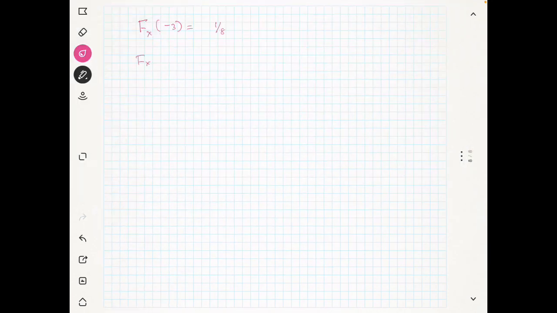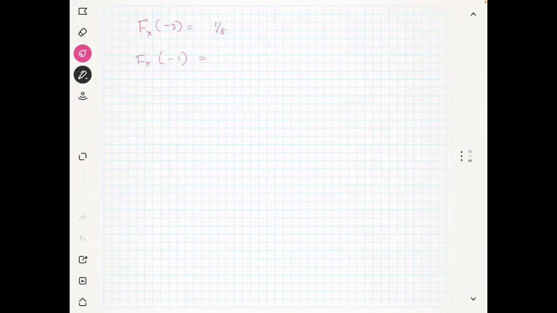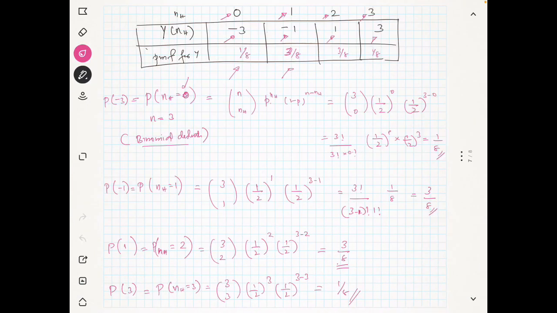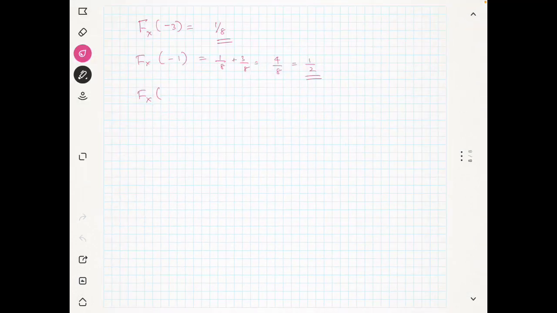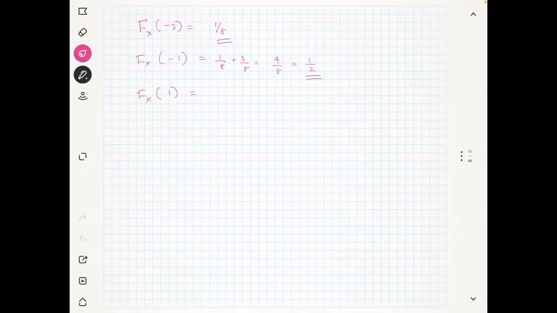F of minus 1 is 1 by 8 plus 3 by 8, which is 4 by 8, that is 1 by 2. F of 1 is 1 by 8 plus 3 by 8 plus 3 by 8, which is 7 by 8.